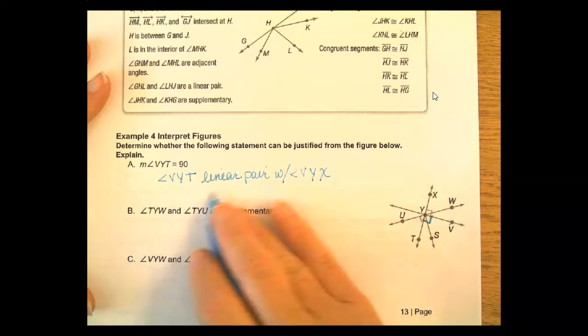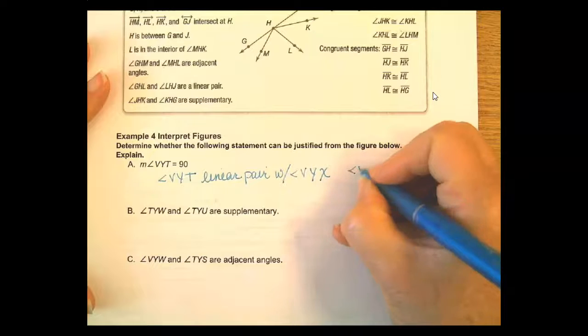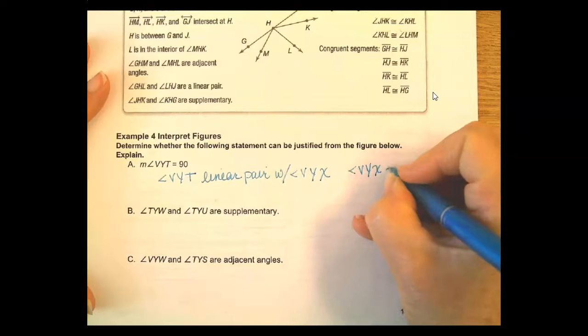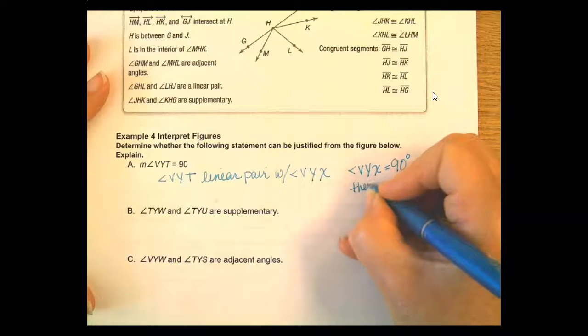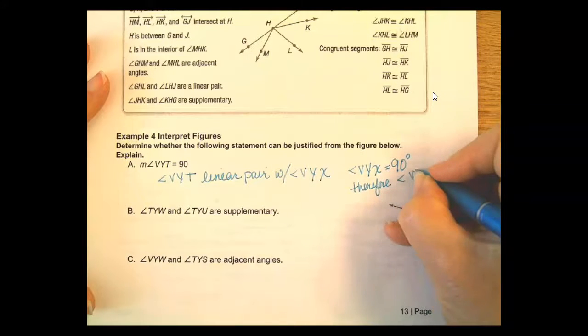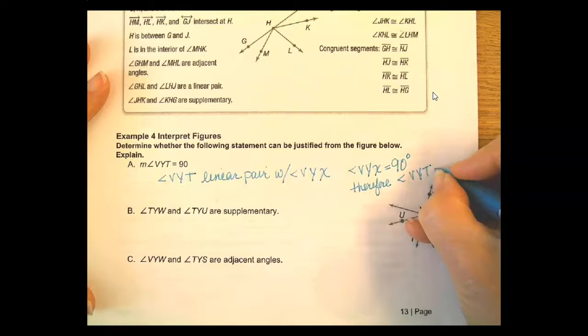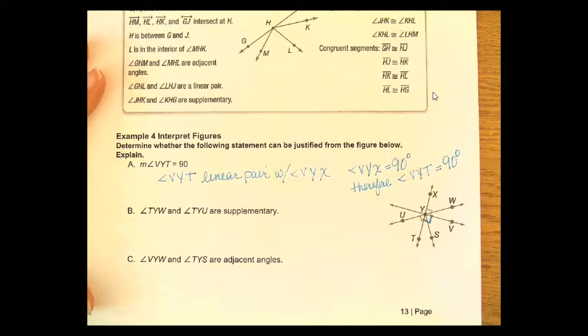Let's keep going here. Angle VYX was equal to 90. Therefore, angle VYT would equal 90. Okay?